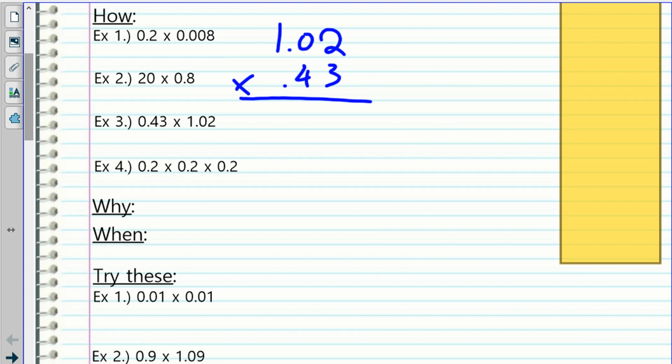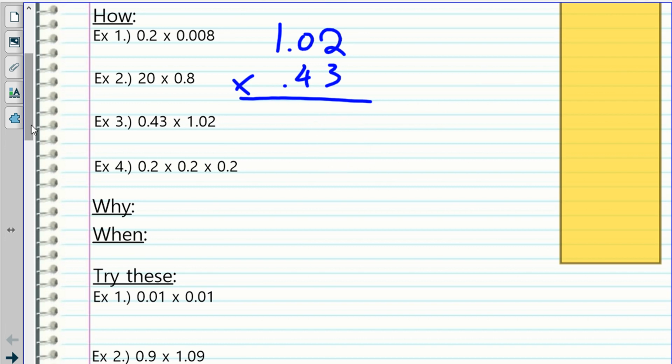So for you guys, whatever I'm doing next might be a little different, but it's really not that much different. For example, here I'm going to multiply the ones together, whereas I think in Hong Kong we put a 0 here and then we do the tens first. So we do 4 times 2, 4 times 0, 4 times 1. Okay, so I'll go with the American way.